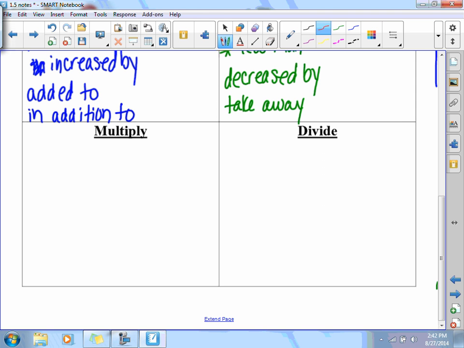Okay, so now let's do multiplication. The most common one for multiplication is product. The product of two numbers. Product is an answer to a multiplication problem. We also have times. You could have multiplied by.